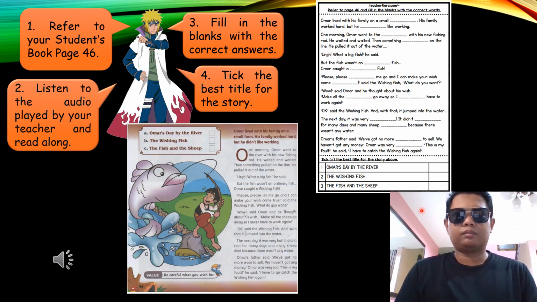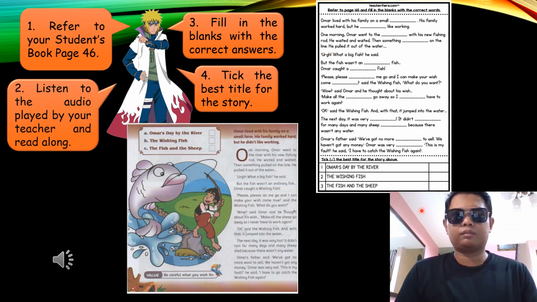"What do you want?" "Wow," said Omar, and he thought about his wish. "Make all the sheep go away so I never have to work again." "Okay," said the wishing fish. And with that, it jumped into the water. The next day, it was very hot.